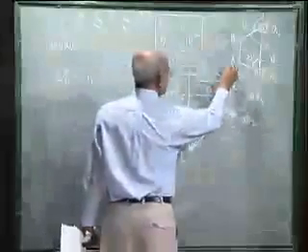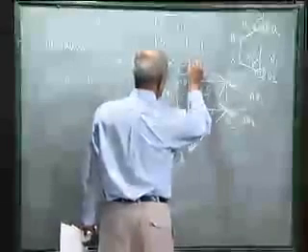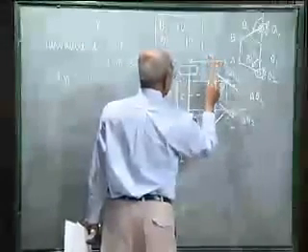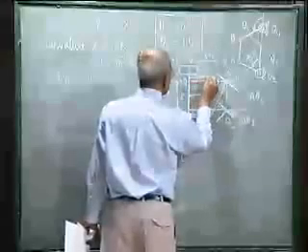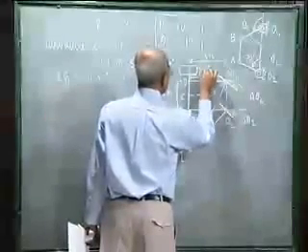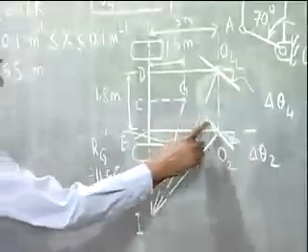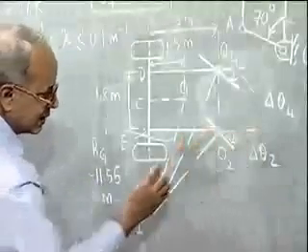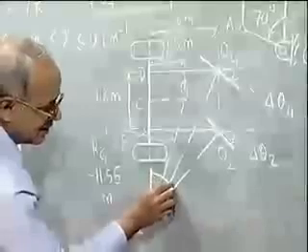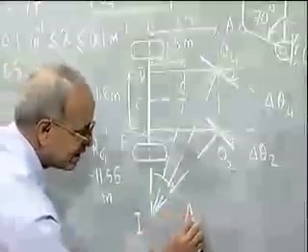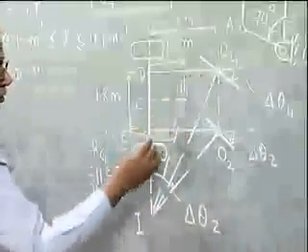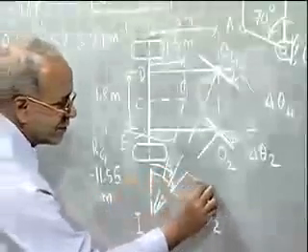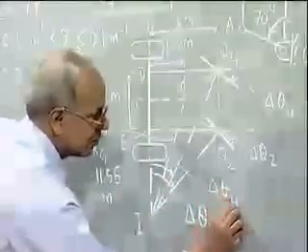And this wheel base was given to us as 1.5 meters. If the wheel rotates by delta theta 2, previously it was vertical, this line was horizontal, so the rotation is the same as delta theta 2, and rotation of that wheel is this much, which is delta theta 4.